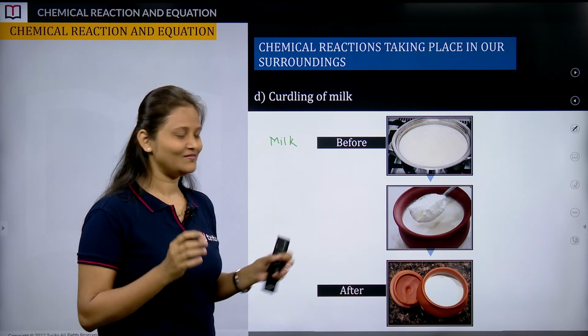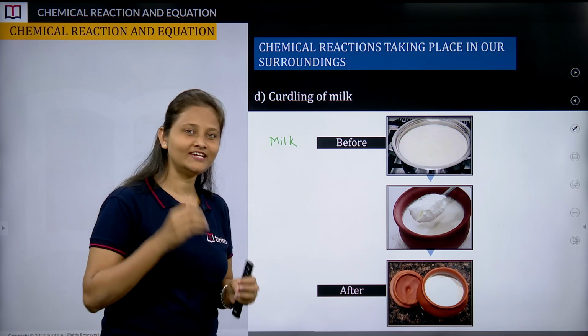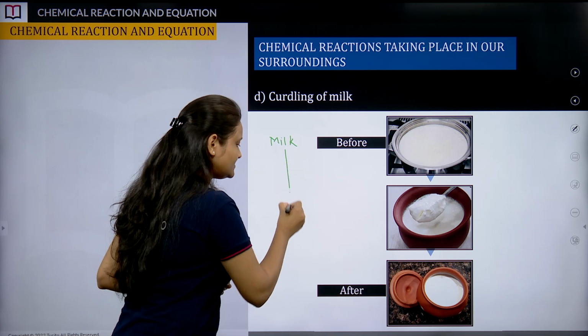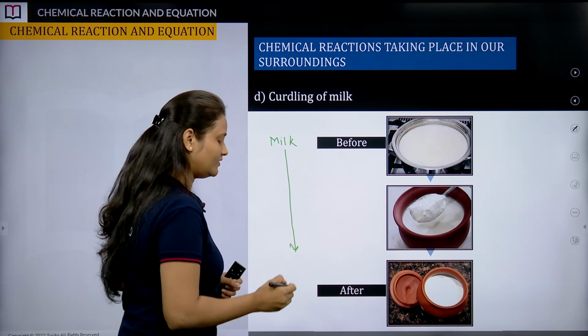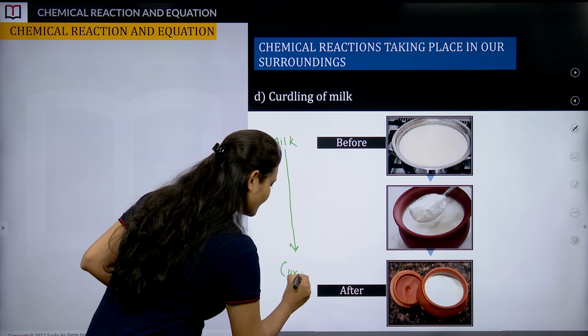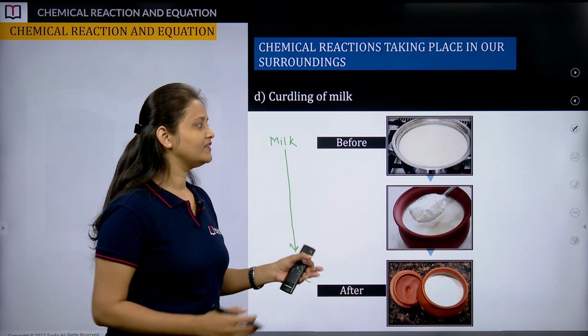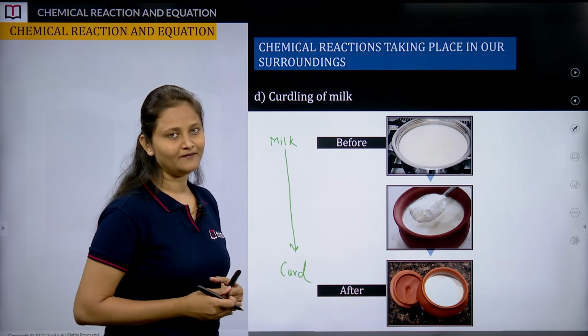Actually she is not the one who does it. There are some chemical changes taking place inside the milk, and because of that milk is getting converted into curd. She is just helping to make this chemical change get done.